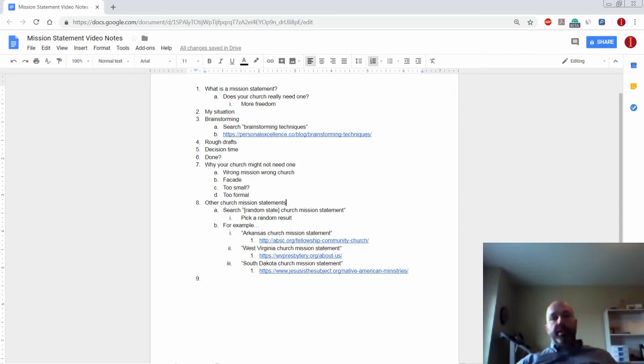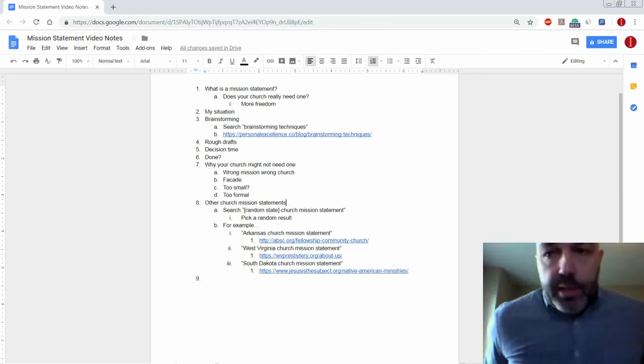So I outline on the page, like I said, which will be linked down in the description, on church mission statements. Briefly, I cover 3 random mission statements that I found in states across the country, and they're all very different, and I touch on, from my point of view as an outsider, what I like, what I maybe would have done differently, and again, that is quite simply an opinion.